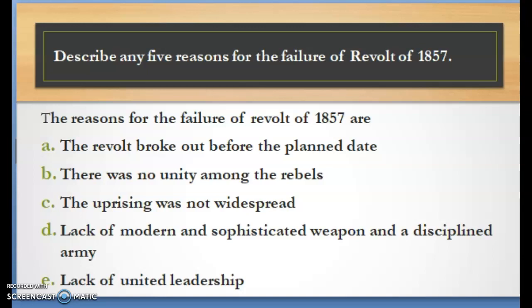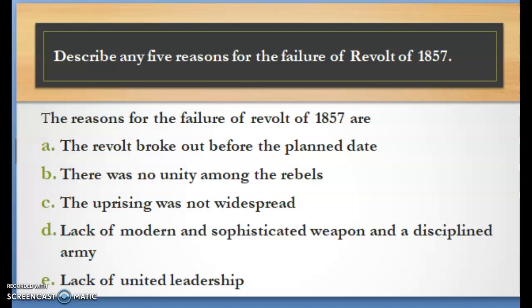Next is the lack of united leadership. We have kept on discussing this point: the people who were supporting the revolt of 1857 were fighting for their own causes, and there was not a single leader who united all the people under a single ideology, or gave them the feeling that we are fighting for our nation.